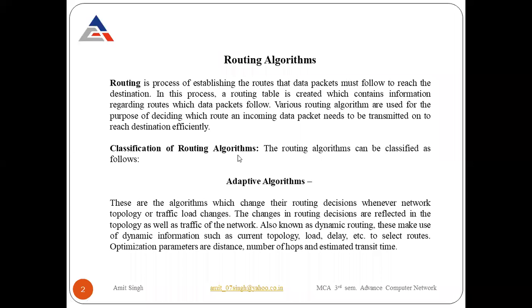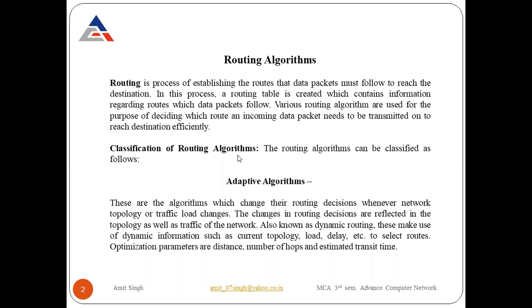Classification of routing algorithms. The routing algorithms can be classified as follows. They are categorized into two categories, the adaptive and non-adaptive. Let's start with the adaptive algorithms. These are the algorithms which change their routing decisions whenever network topology or traffic load changes.